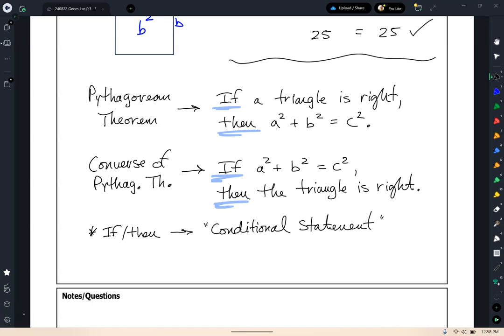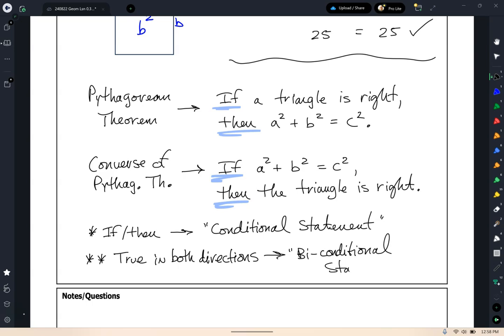And so there's going to be a lot of times where we can walk both directions on that sidewalk. And when we do that, we'll put 2 asterisks here. If this is true in both directions, if our conditional statement is true in both directions, that is called a biconditional statement.